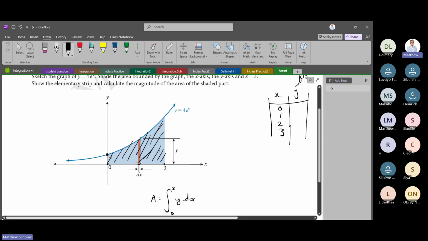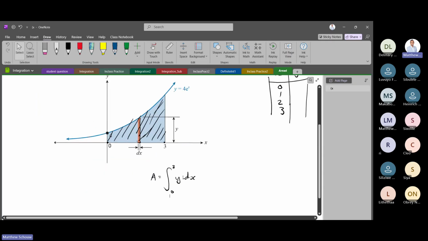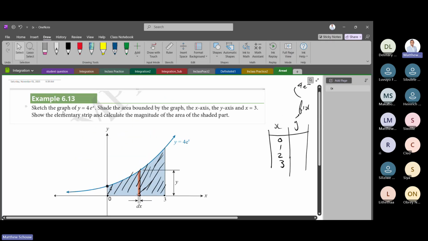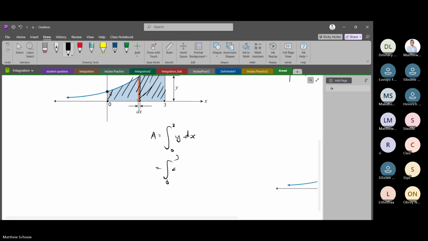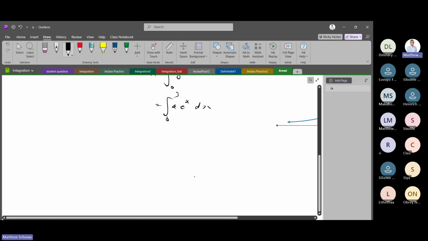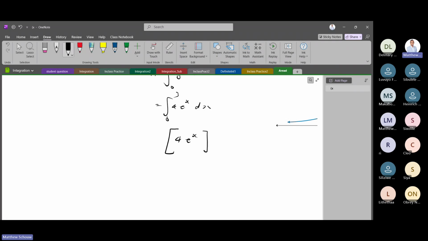It's exactly the same as your definite integral. And it always works like this. In this case, y is equal to 4e to the power x. And now all we must do is apply integration. When we integrate this, we have 4e to the power x, it doesn't change. And we want to substitute 3 and 0.